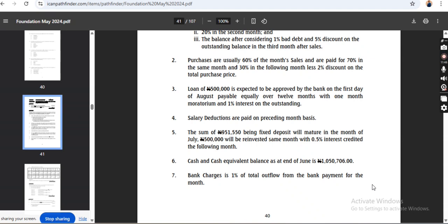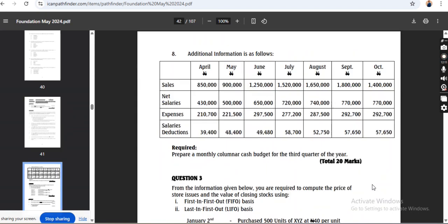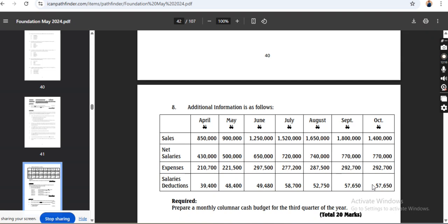So of the total outflow from the bank, all the total money that you paid out, there is a charge to that, right? And it will be 1% of the total outflow that you paid out for the month. Interesting. So additional information is as follows.